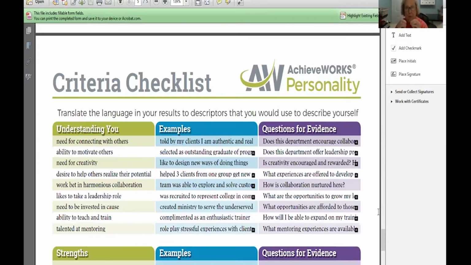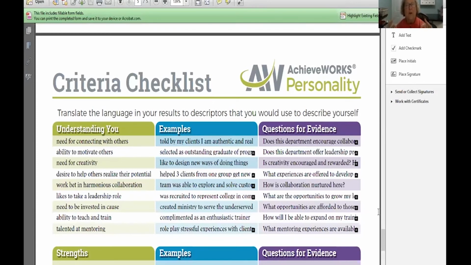So your examples are any time that you've been complimented, recruited, selected, rewarded, you got a good grade on something because you used one of these areas to help you do that, or the area was predominant. So I listed some examples of me that I've been told or have been in my life that would affirm for me that these things are really things I'm good at.